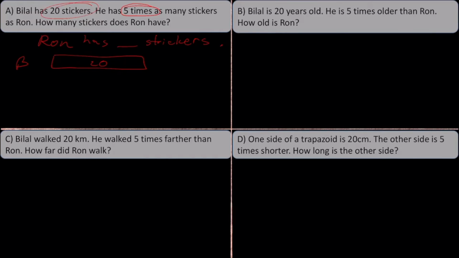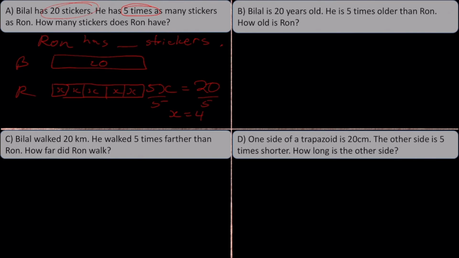I know that Ron, in order to have the same amount, would have to have 5 of his little squares here. And so that would be 5x, and then I set it equal to 20. And so that would be divided by 5, and x is equal to 4.